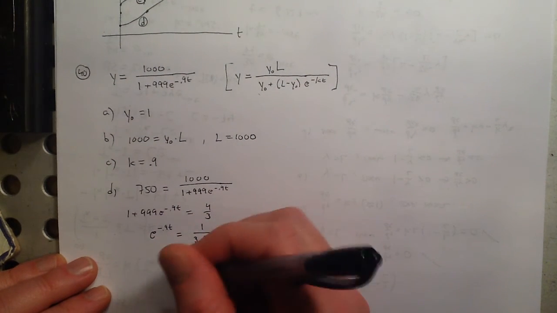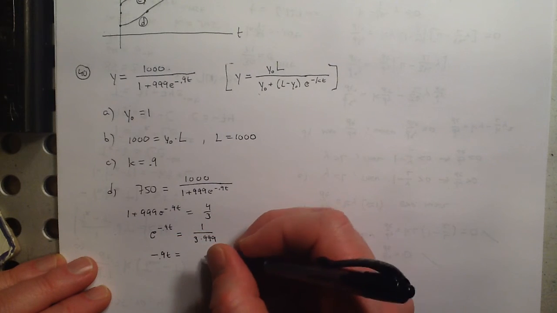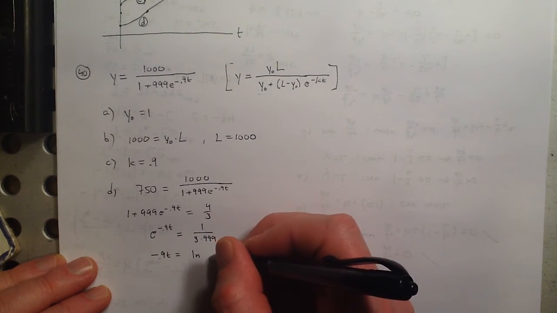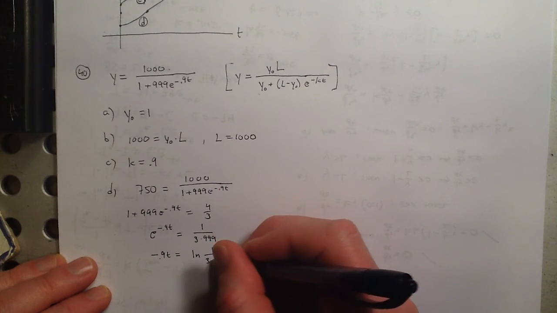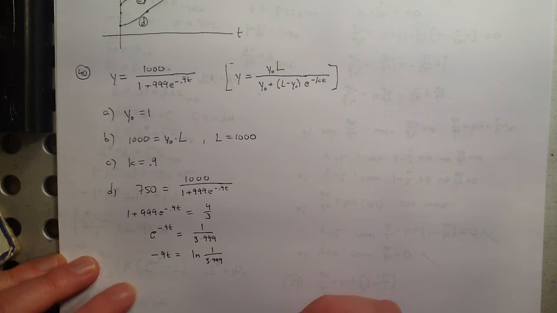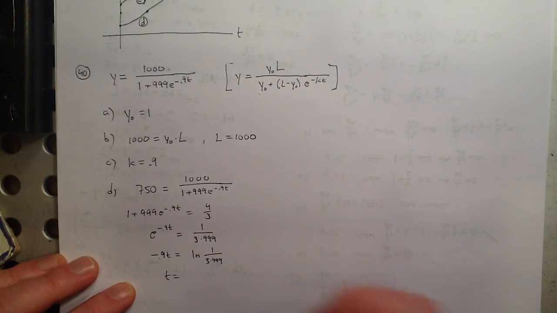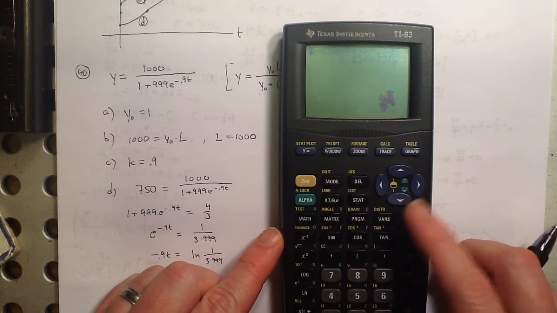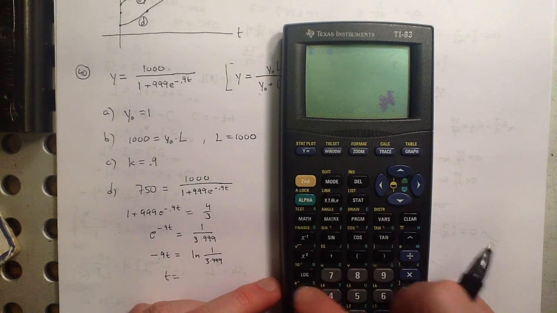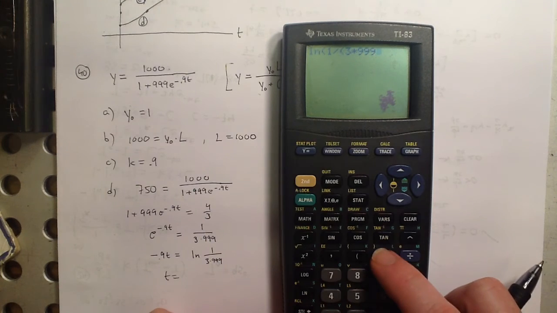And then taking the natural log of both sides, negative 0.9t would be equal to the natural log of 1 over 3 times 999. And so t would be equal to this divided by negative 0.9. I think there's a fair chance that there's going to be some calculator work on this upcoming quiz, right?